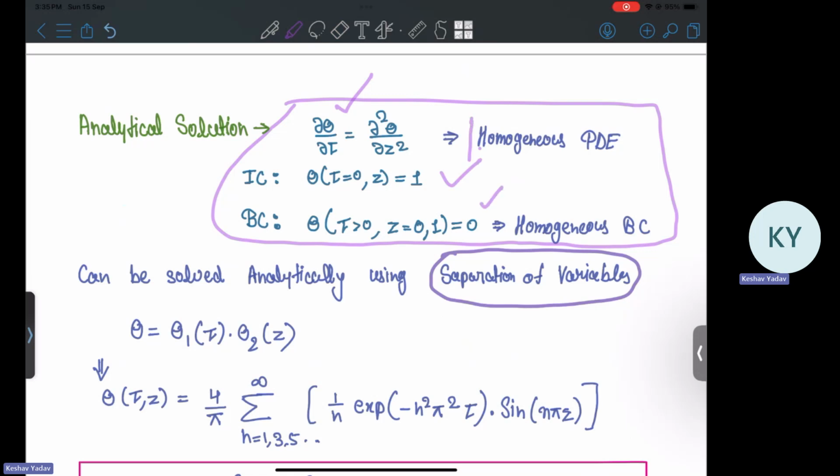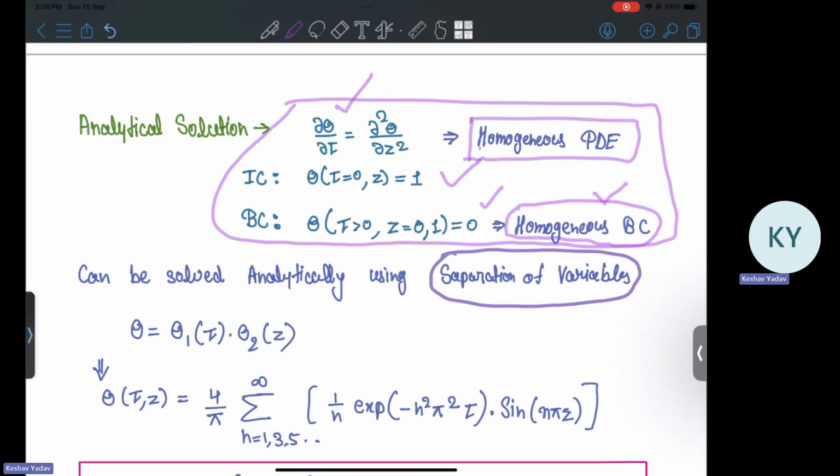If you see this governing equation, this is nothing but a homogeneous partial differential equation, right? Okay. And if we see the boundary conditions, the boundary condition is also homogeneous.